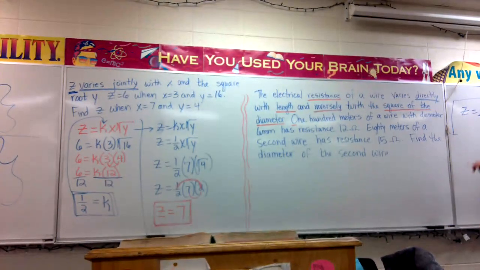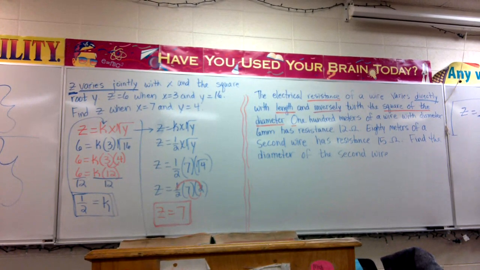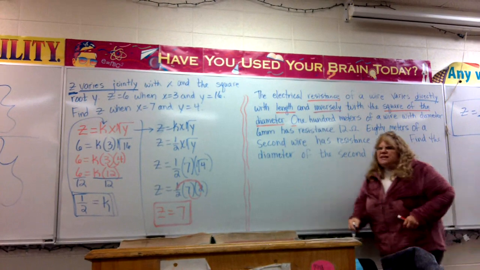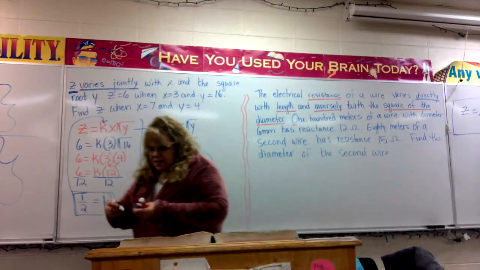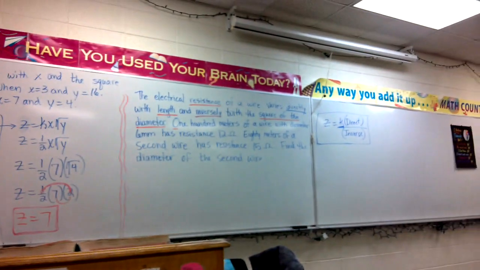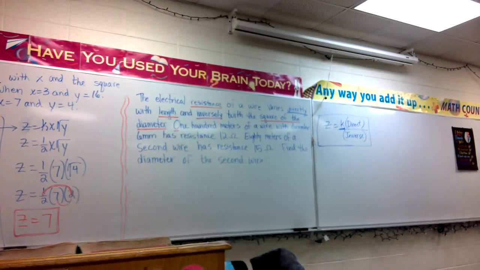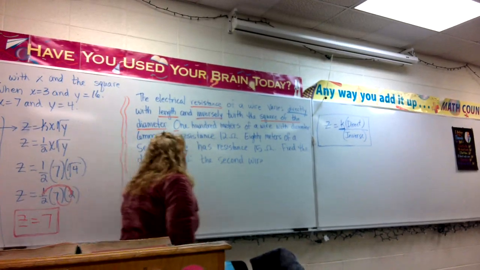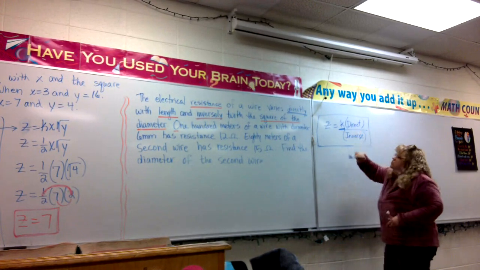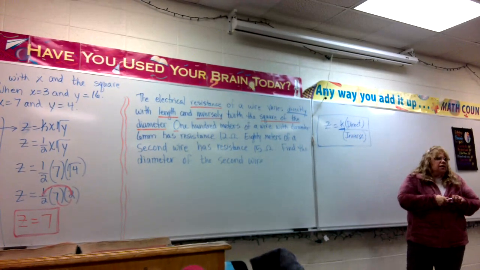Well, you can't use those down there. You have to write yourself your own equation. Do you see this? It's not going to be a z in there. It's going to be some other quantity. But when you write your own equation, anything that it varies directly with goes on top of the equation.